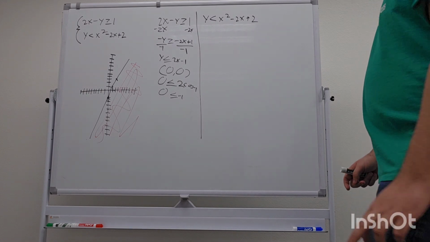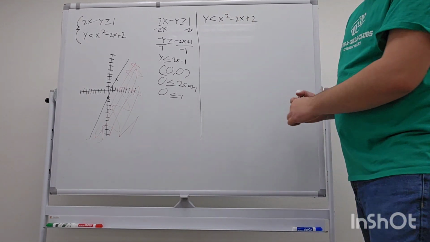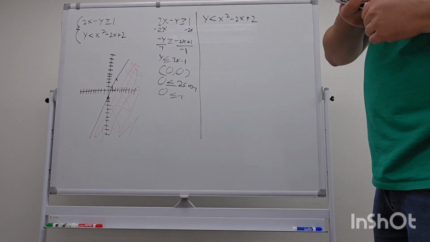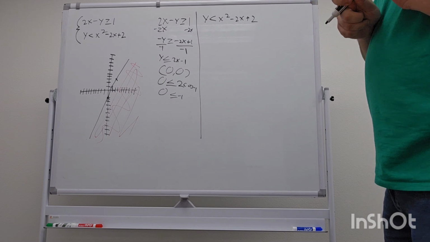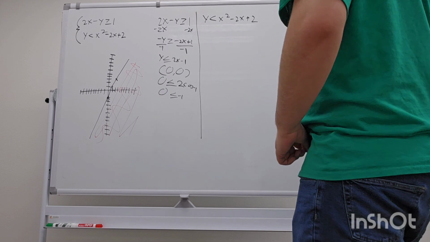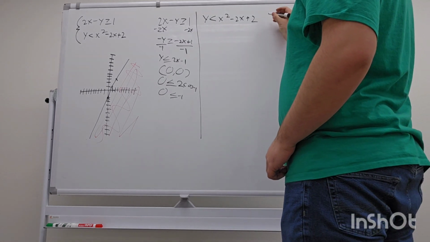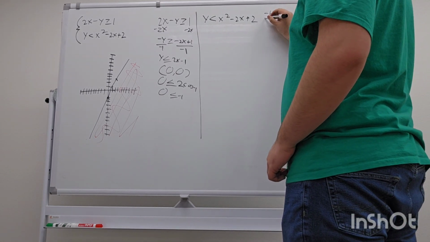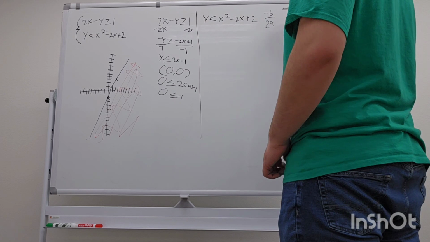Now, we are going to solve our parabola. This is the hard part. We're going to take down the vertex form in order to find the vertex of our parabola. So we have negative b over 2a.